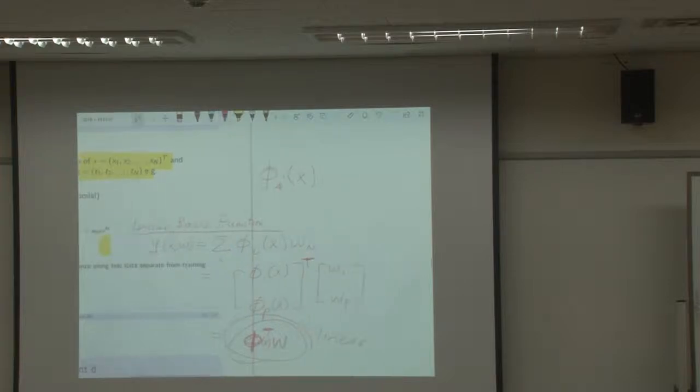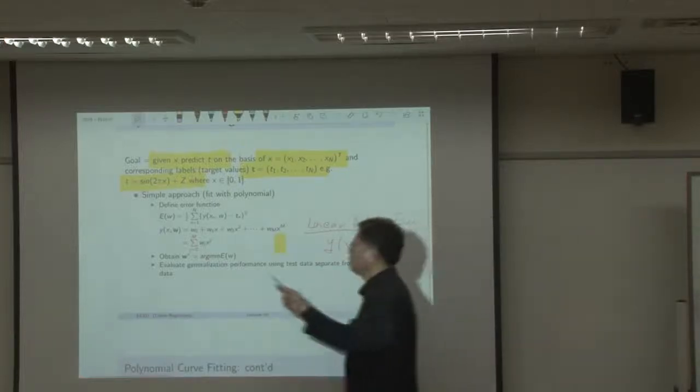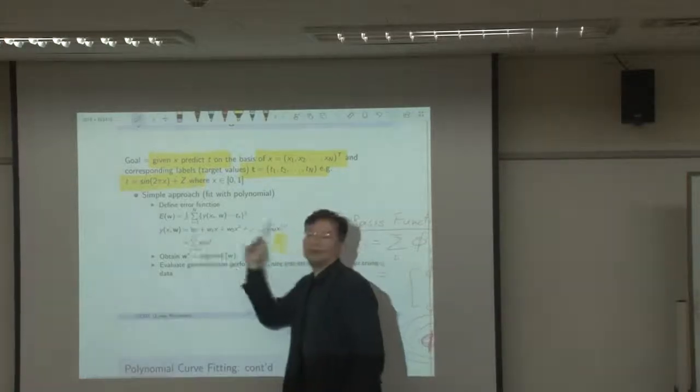X to the power i. That's the basis function. But it's a linear basis function, right? And I want to find my W that minimizes this.